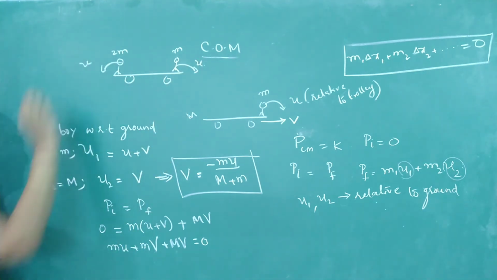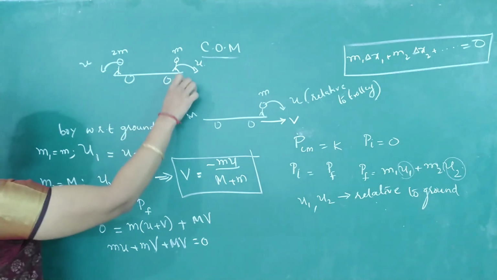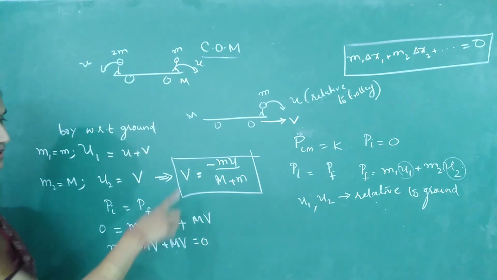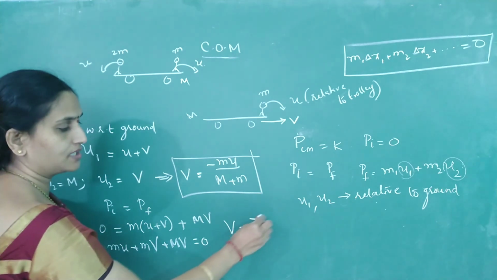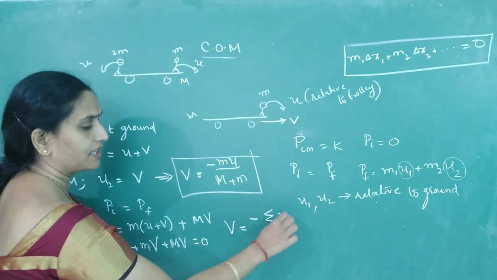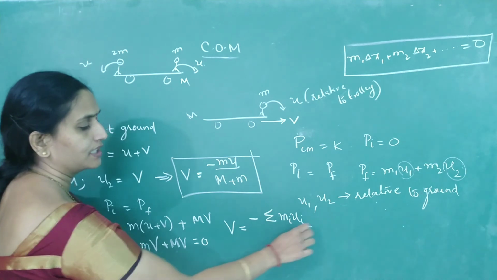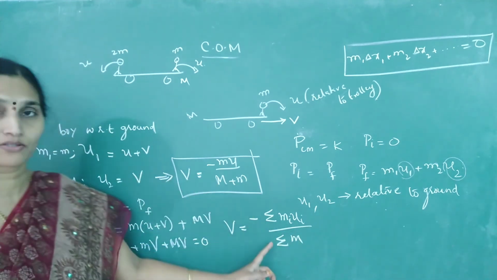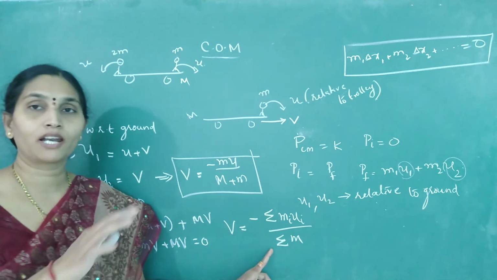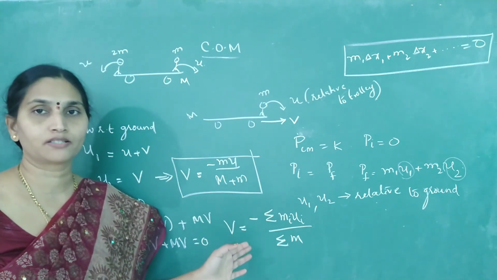Related to plank, his speed is u. Mass of the plank, I take it as capital M. Now write this general relation. Velocity of the trolley is given by minus of sigma mi ui divided by sum of the masses. I have generalized this relation, but remember, it is not one after another, it should be simultaneous jumping.